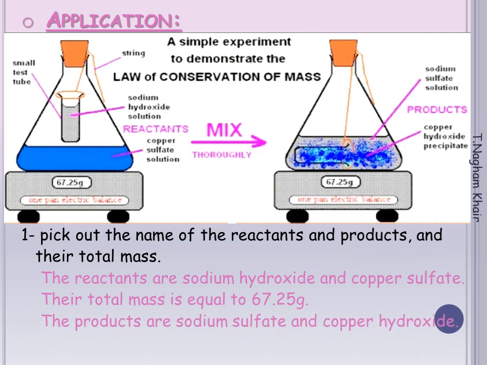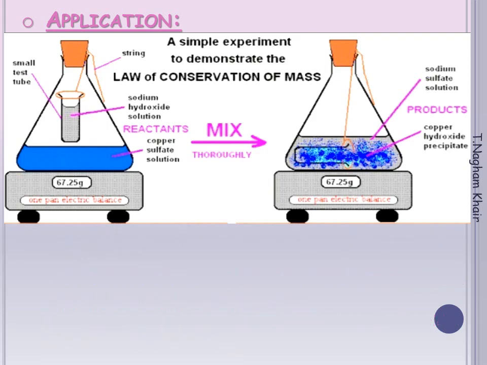However, the products are sodium sulfate and copper hydroxide appearing at the end of the experiment. Their mass is 67.25 grams. We pick out the names of the reactants and the products from the document. Before the arrow are the reactants, after the arrow are the products.